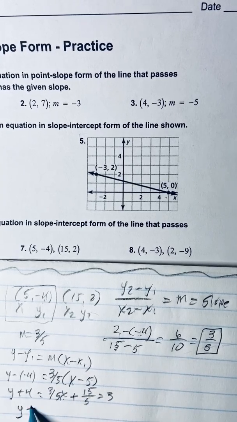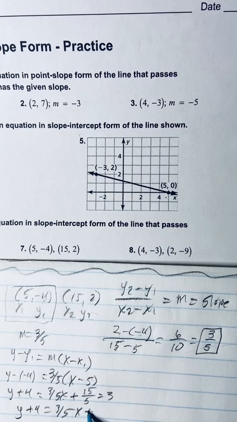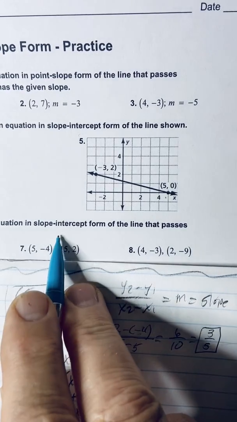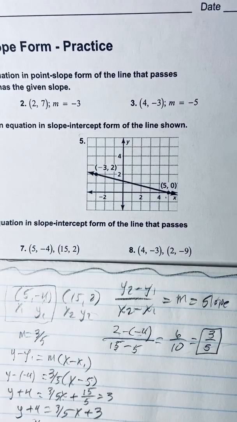So y plus 4 equals 3/5 x plus 3. I'm going to subtract 4 from both sides because I'm going to write it in slope-intercept form. Y equals 3/5 x plus 3 plus minus 4, and that's going to be minus 1.